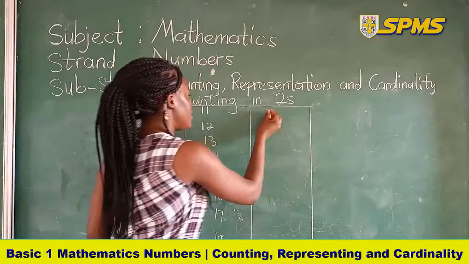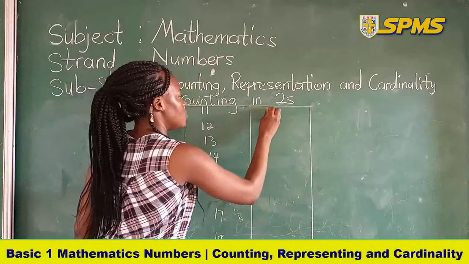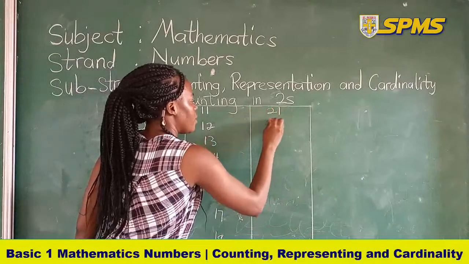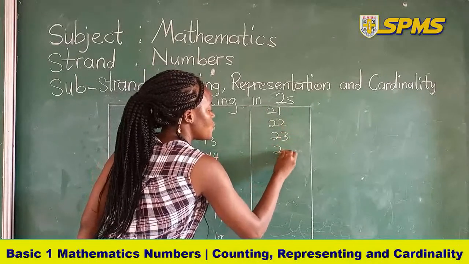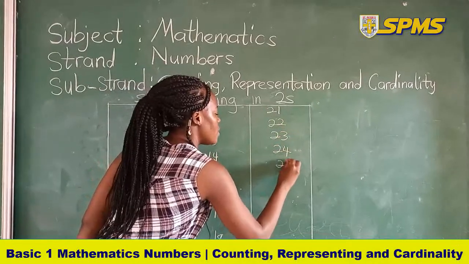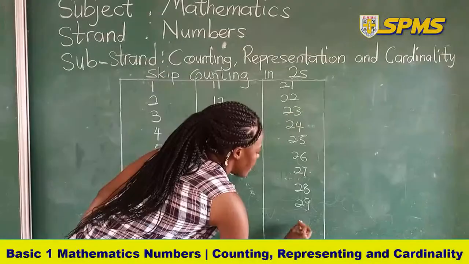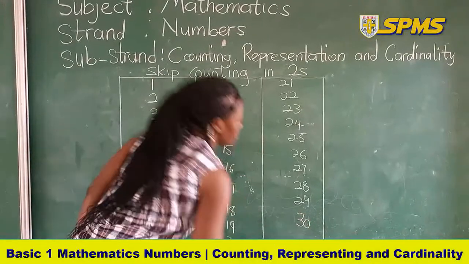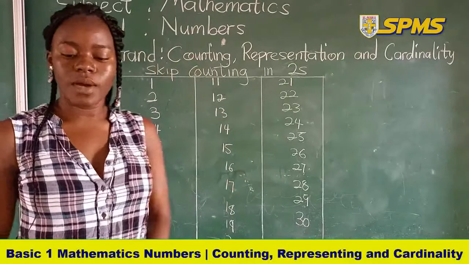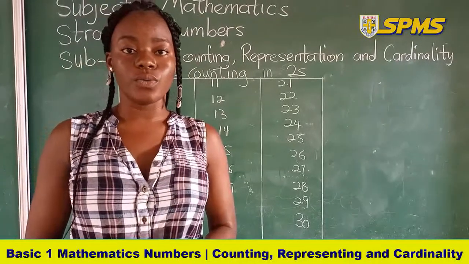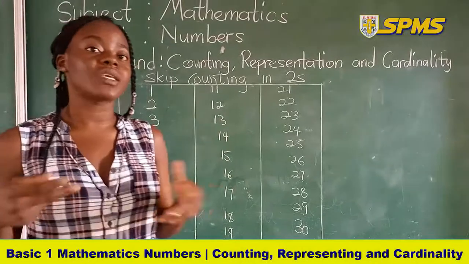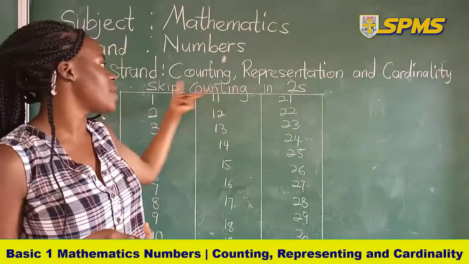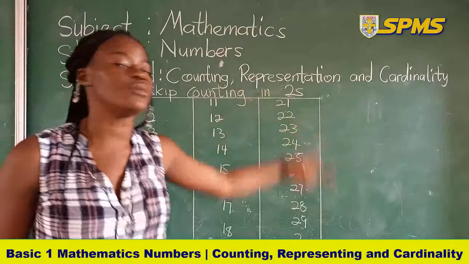Let's move on to the next column. 21, 22, 23, 24, 25, and last number 30. So as we did earlier on, we tried to skip count in 2s. Right now we are going to skip count in 2s. That's what we have here, skip counting in 2s.